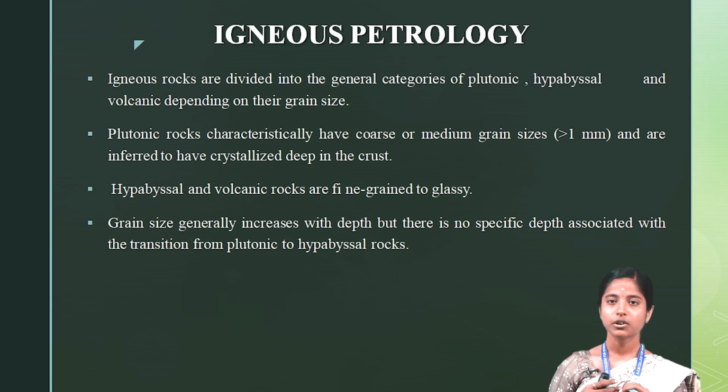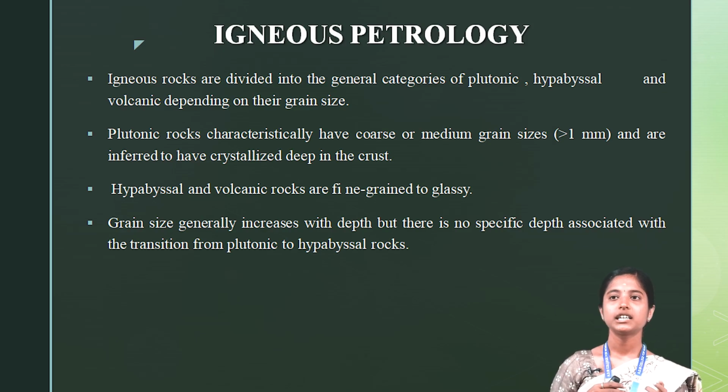The hypabyssal rocks contain grain size of medium to fine. Medium to fine grains. If igneous rocks contain these, they are classified as originating in the hypabyssal region. The hypabyssal rocks are formed under conditions of shallow depth.